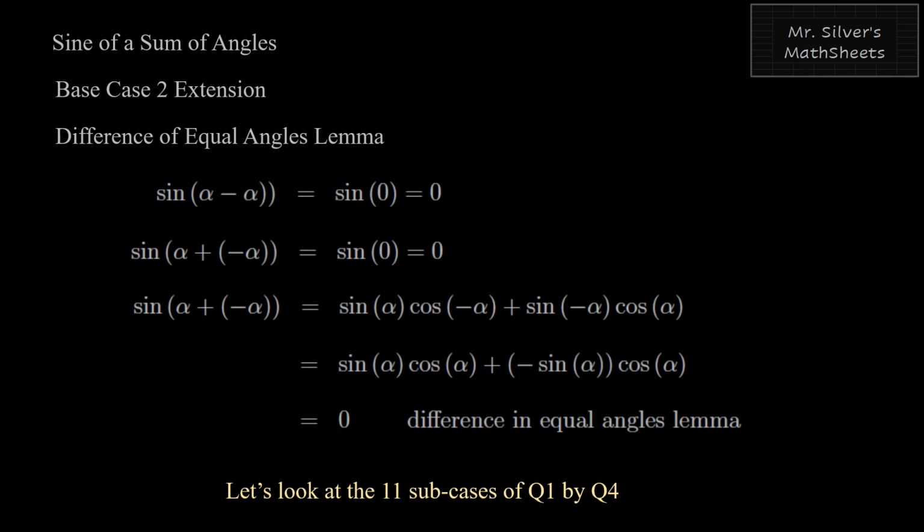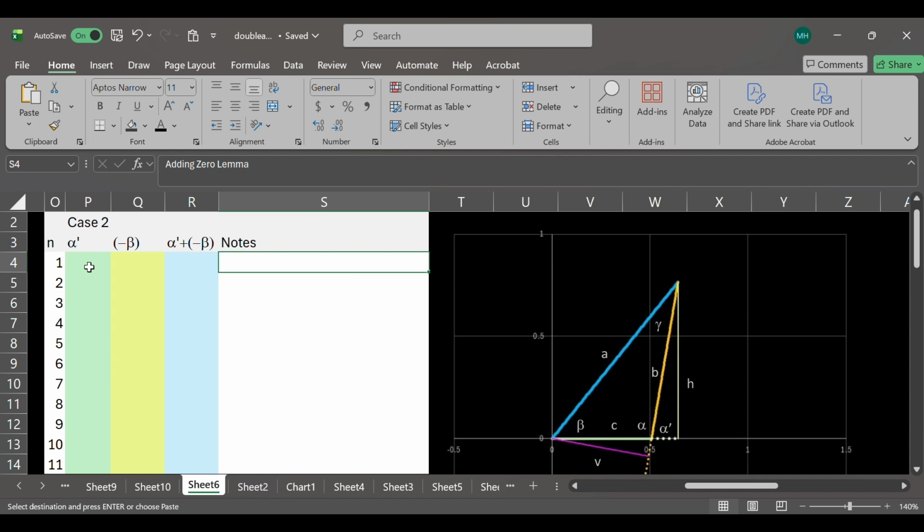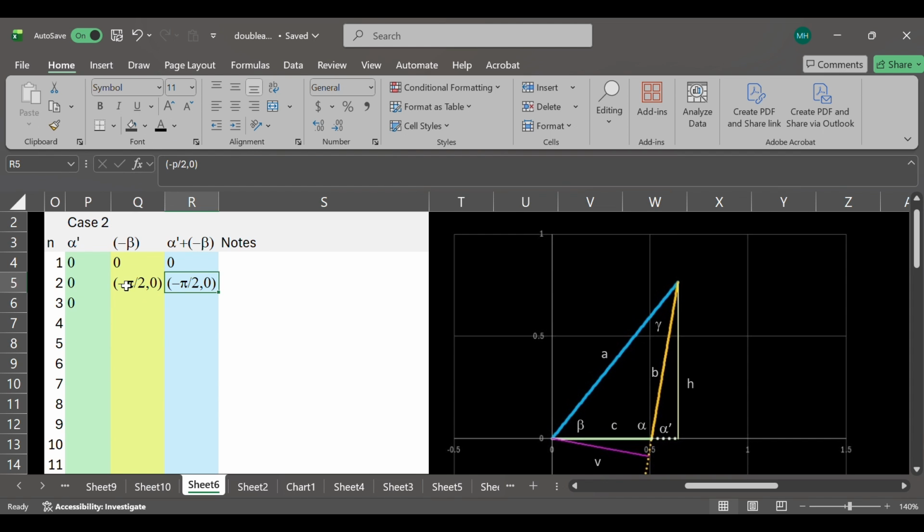All right, let's look at the 11 subcases of Q1 by Q4. Diagrams off to the right to refresh your memory. And we're going to go through different cases of alpha and beta. Now notice that we're doing minus beta, so all the angles will be either 0 or negative.